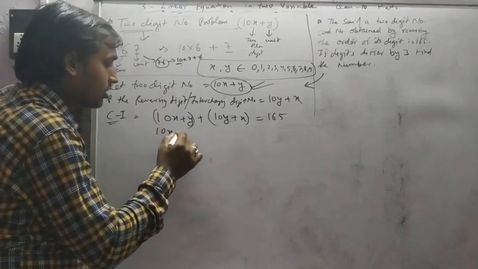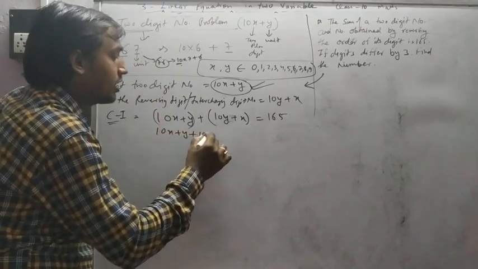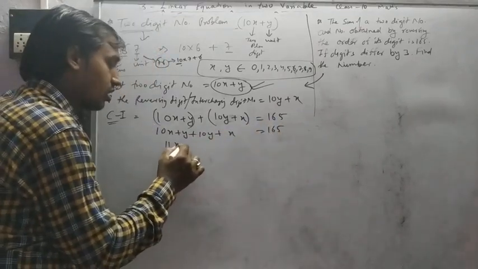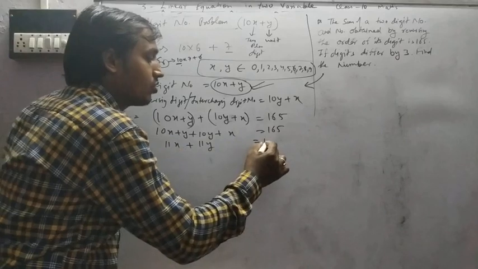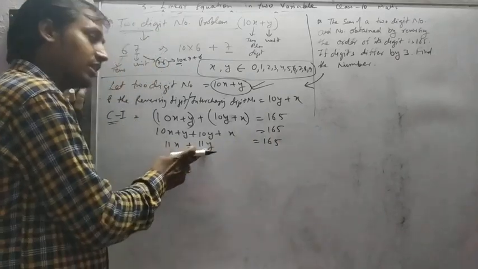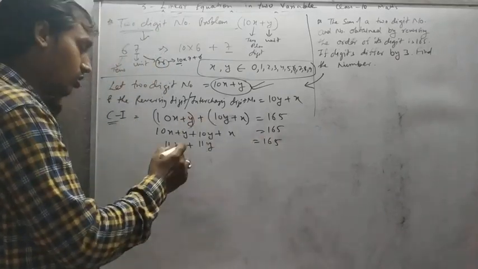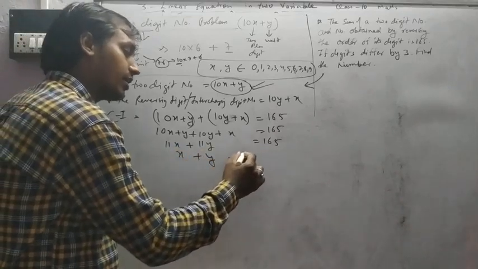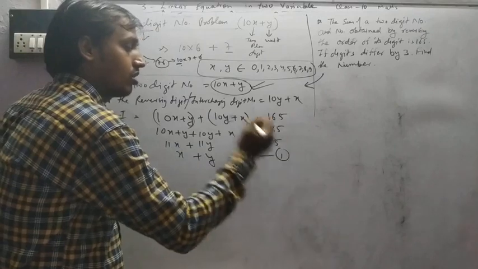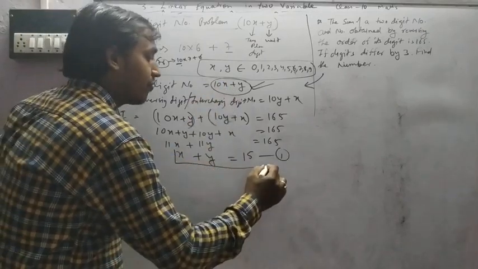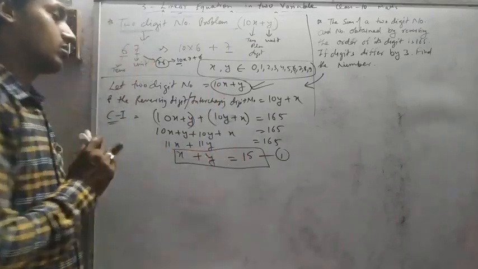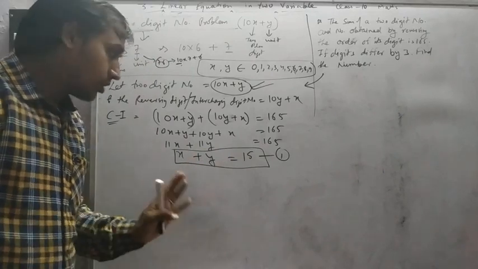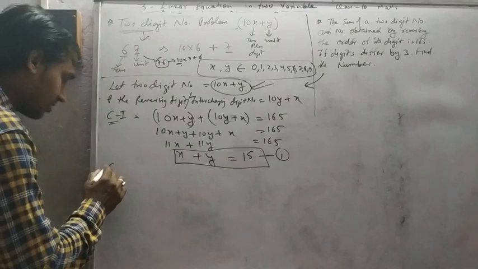That is 10x plus y plus 10y plus x equals 165, 11x plus 11y equals 165. 11 is common in all, so divide by 11 and divide by 11. You get the first equation, x plus y equals 15, a two variable equation. Okay, then solve for the second case.